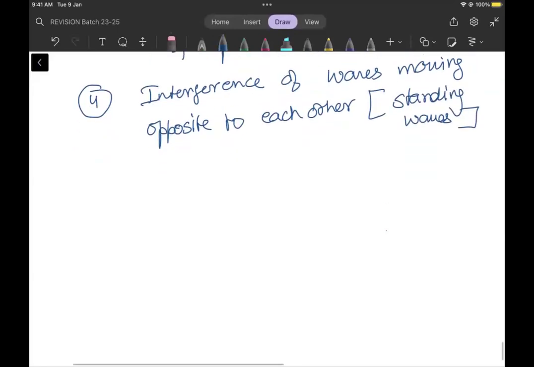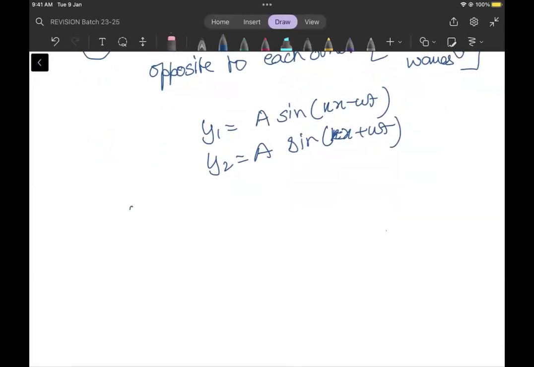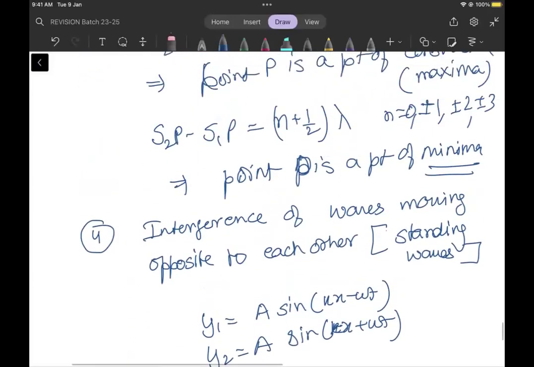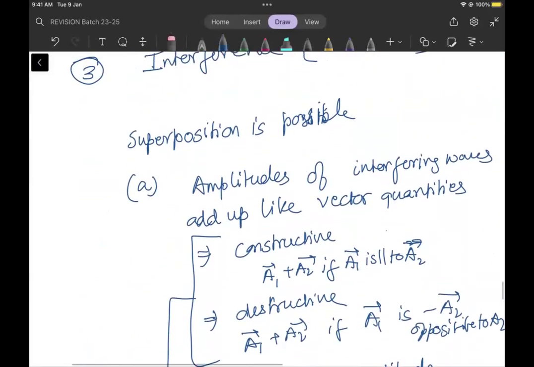So if we have a wave, y1 is equal to a sine kx minus omega t, and we have a wave y2 is equal to a sine kx plus omega t, and these two interfere, then y will be equal to y1 plus y2. मैं यहाँ पे लिखना भूल गया, आई एम सॉरी, बट सुपरपोजिशन का मतलब होता है that y is equal to y1 plus y2 plus so on.